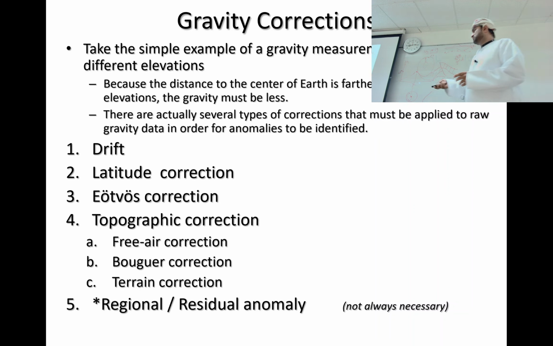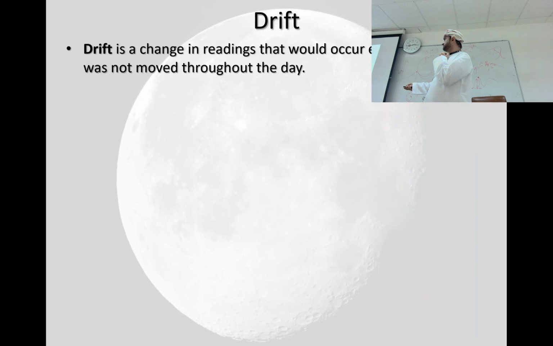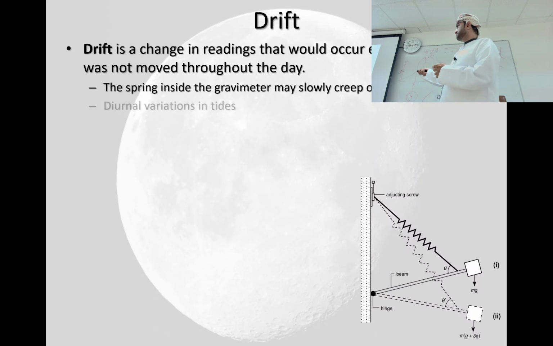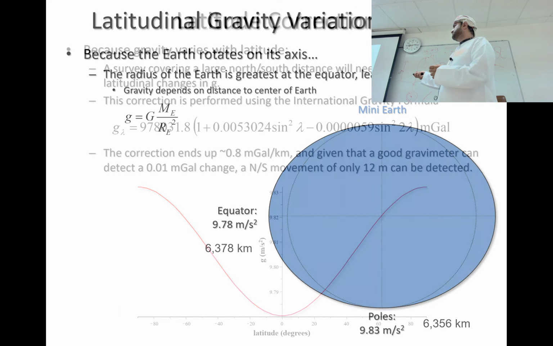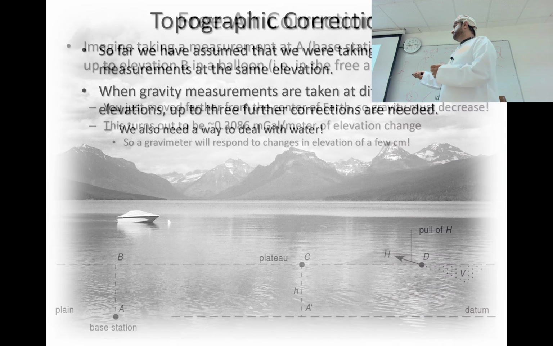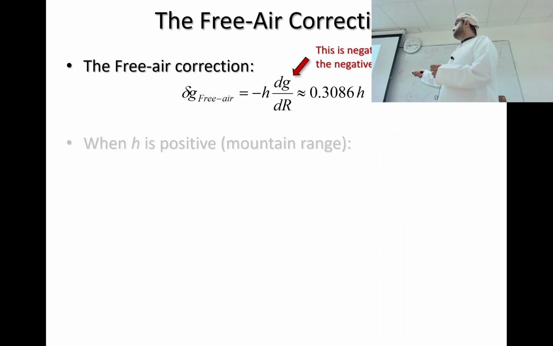Those are the corrections. They're not always applicable. We don't apply them all the time, only sometimes. Next time we'll explain each correction and how it's done, and you will also have a lab about these corrections. So we try to finish this part, explain how the corrections are done, then I give you a lab, explain the lab, and you do the lab.